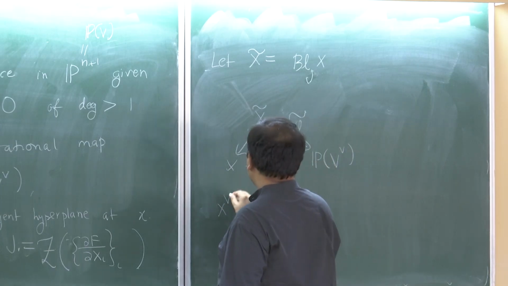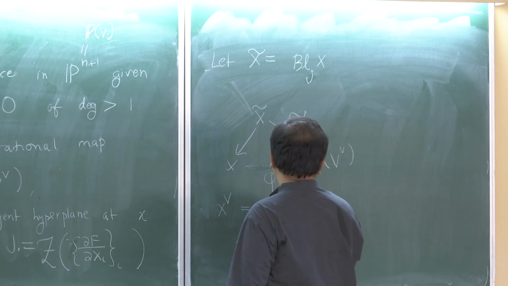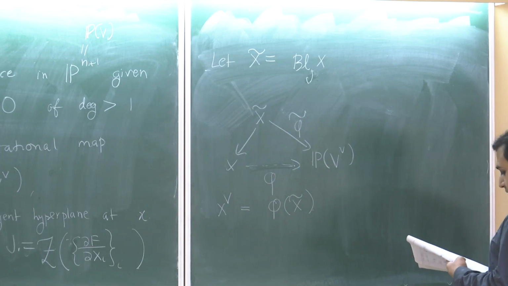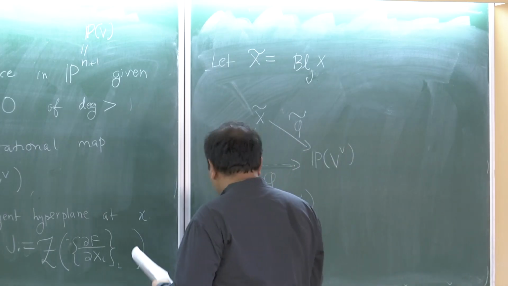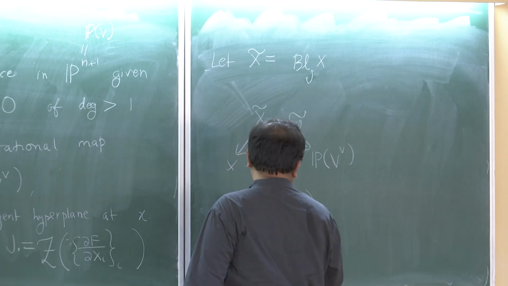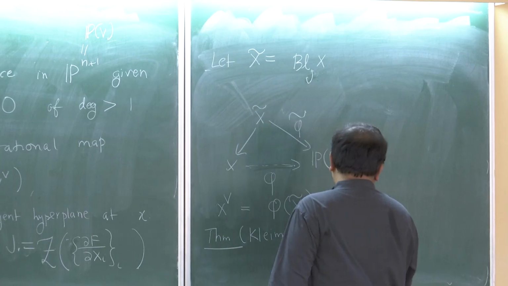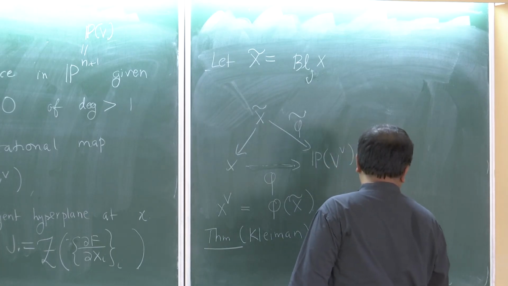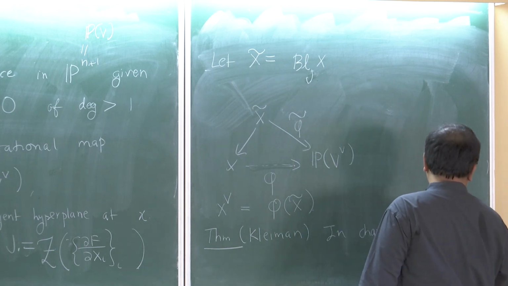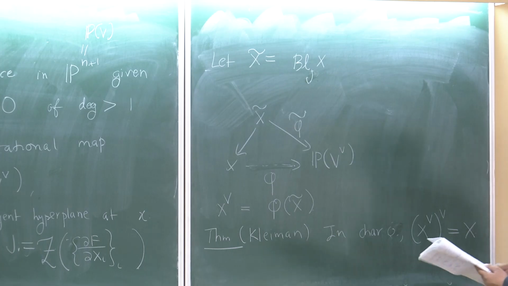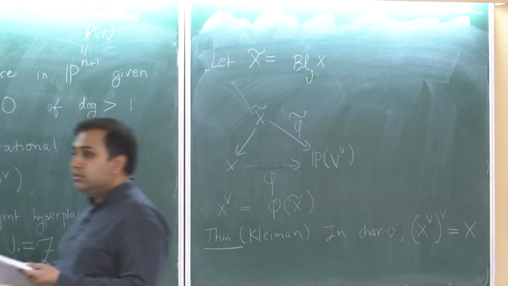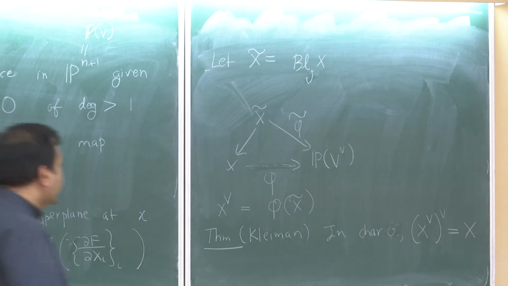So I define x dual to be phi of x tilde, and then there is this theorem that in characteristic 0, x dual dual is equal to x. Okay, but what I want to do is just see what is the degree of the dual. Yeah, phi tilde.